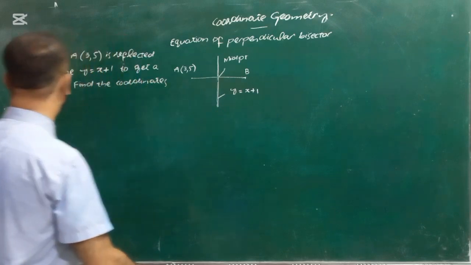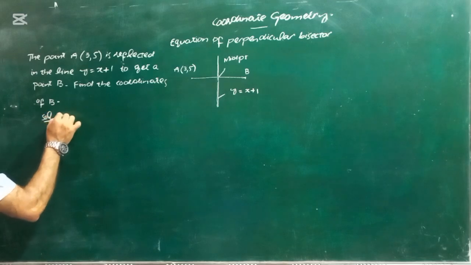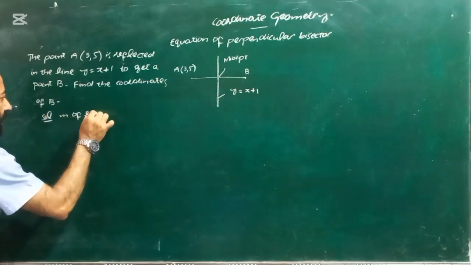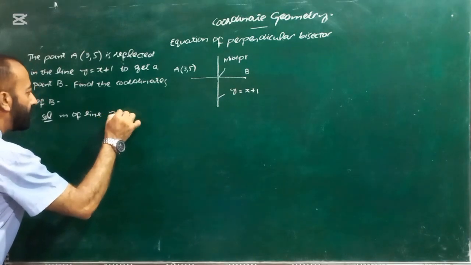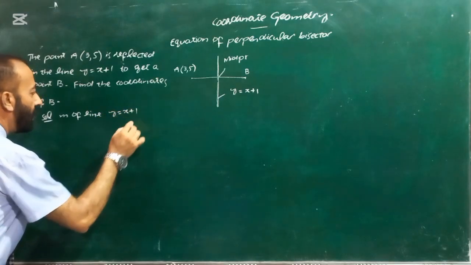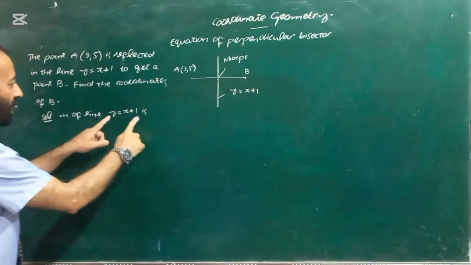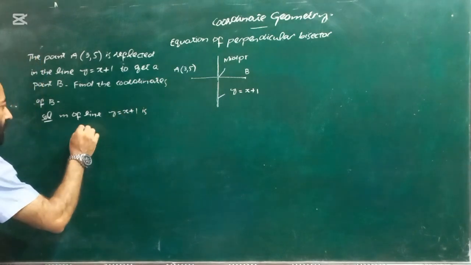First we will find the gradient of the line. The gradient of the line y equals x plus 1: y equals mx plus c, so m is equal to 1.